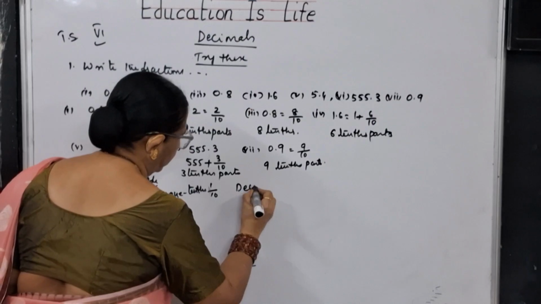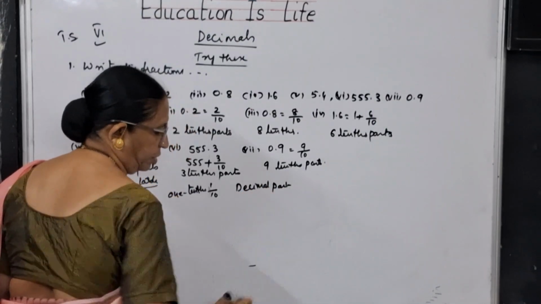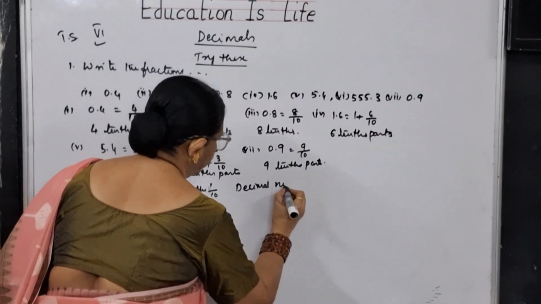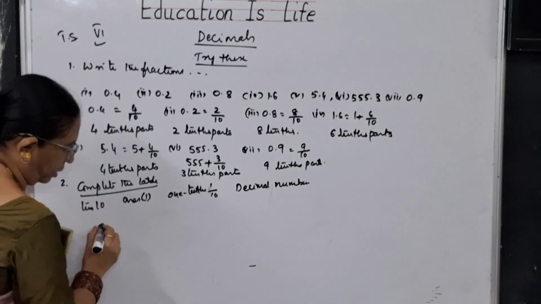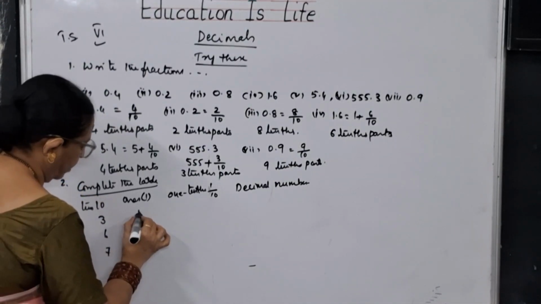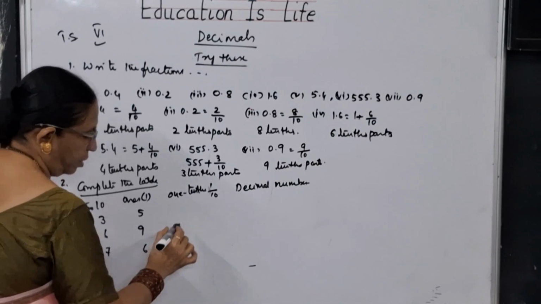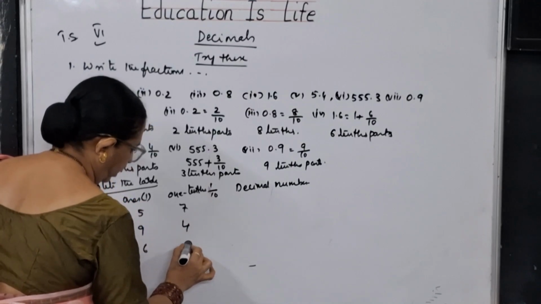Now you need to write the decimal number. They have given here 3, 5, 7, 6, 9, 4 and 7, 6, 3.